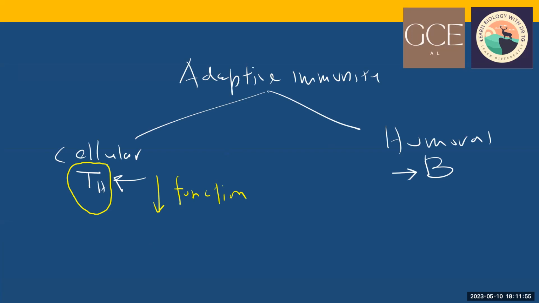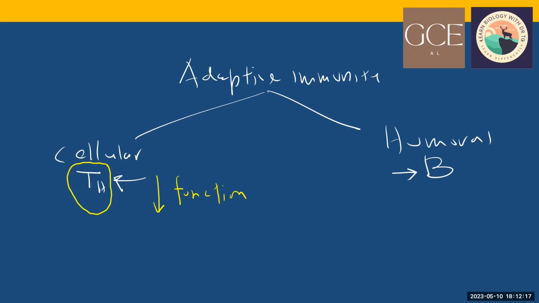We learned another cell before, the NK cell. The second cell is the NK cell, called the natural killer cell. It can also kill other cells.